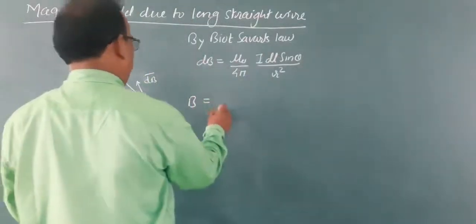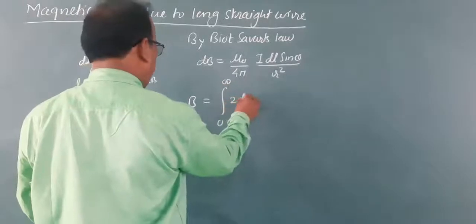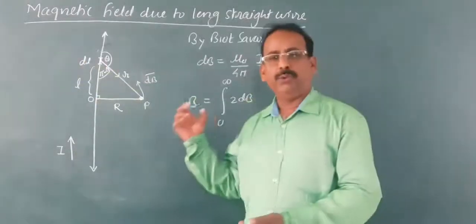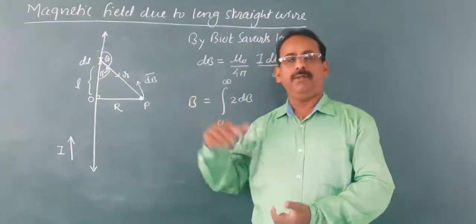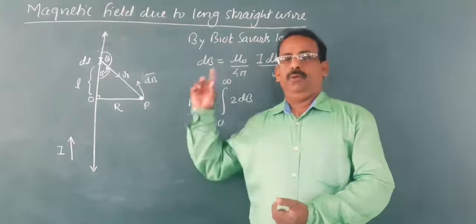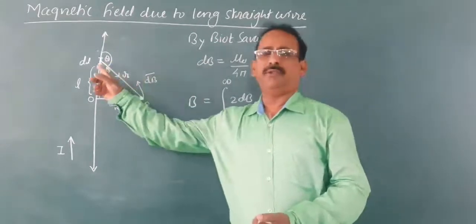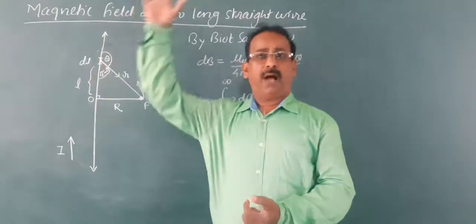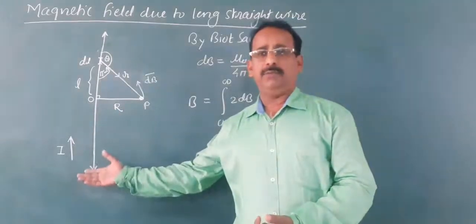B at P is equal to the integration from 0 to infinity of 2 dB. Why have we taken 2 dB here? Twice of this dB. 1 dB is the magnetic field produced by this small element that we have taken from the upper side. Similarly, there is a lower side also.